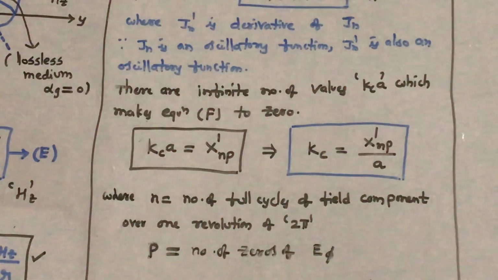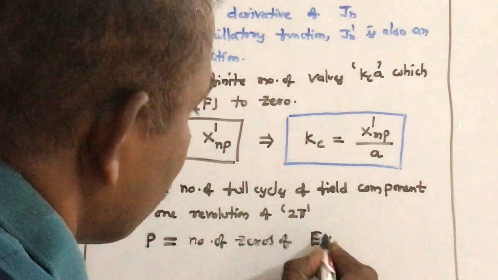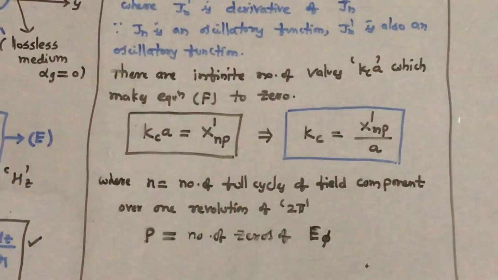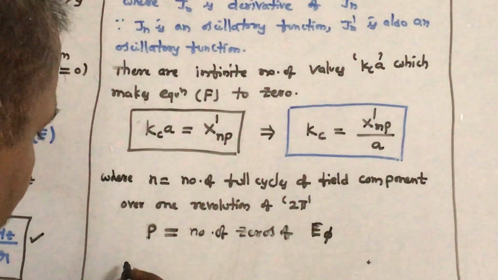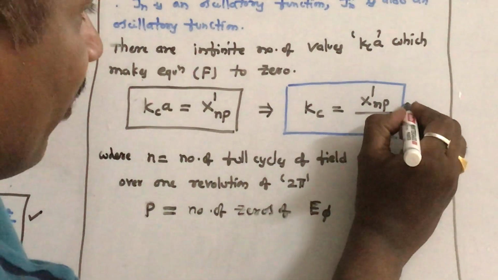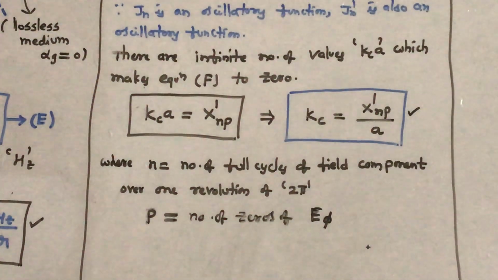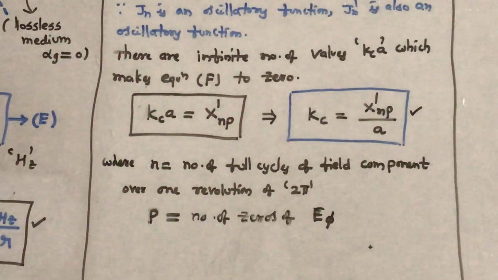So this is the very important formula: Kc is equal to x dash np by A.